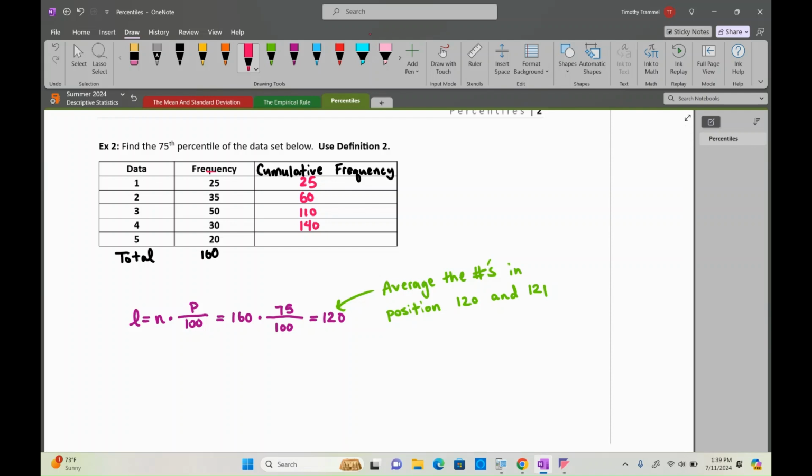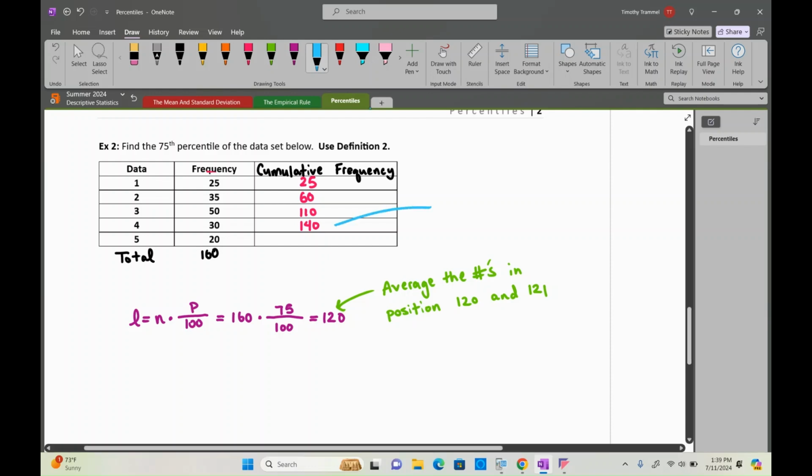Okay. Now, I don't need to fill in this last one here. I just want to point out that this little section right here, where I say the cumulative frequency is 140, what this really means is that the 110th number was a 3. So this means that the 111th number through the 140th number are all, what are they?